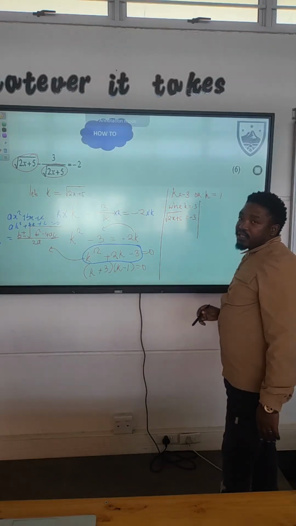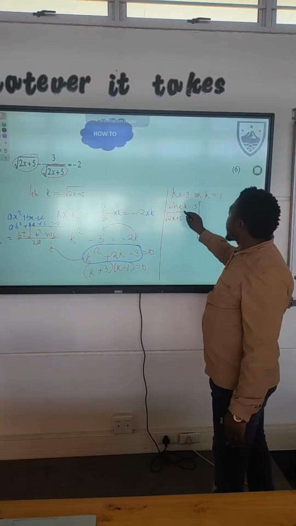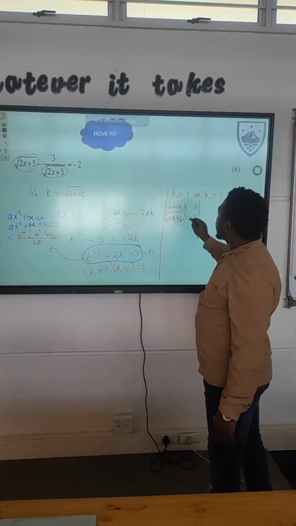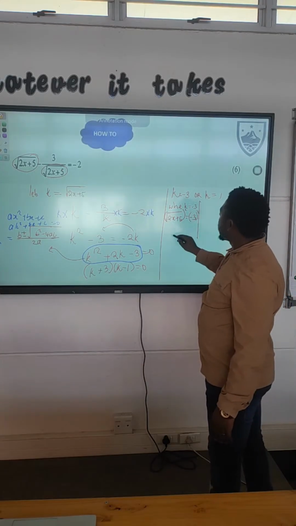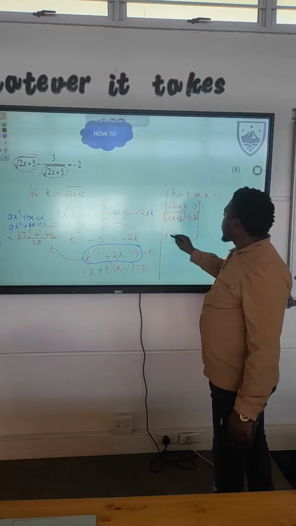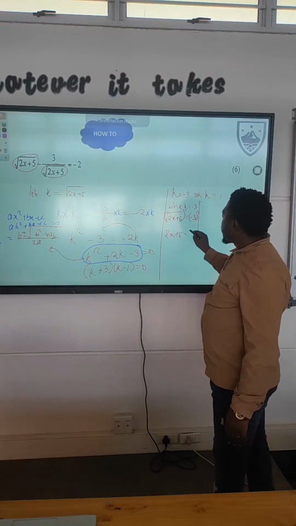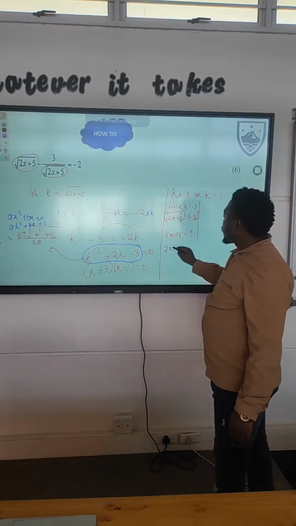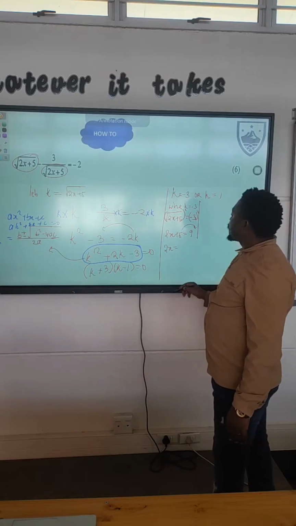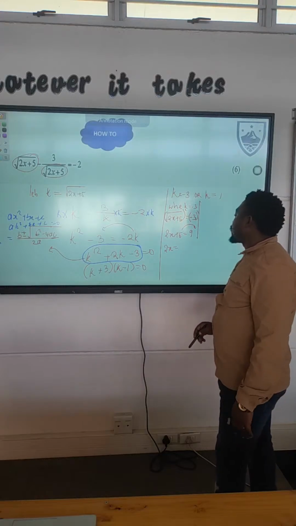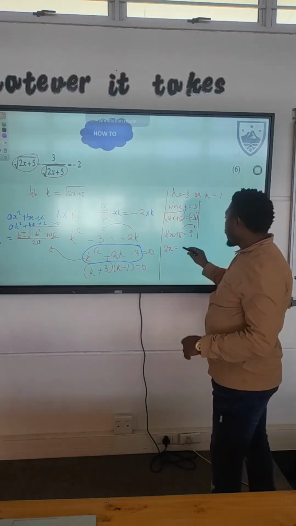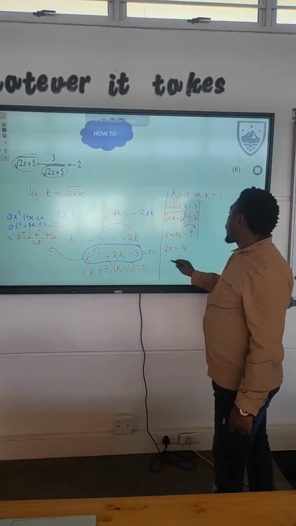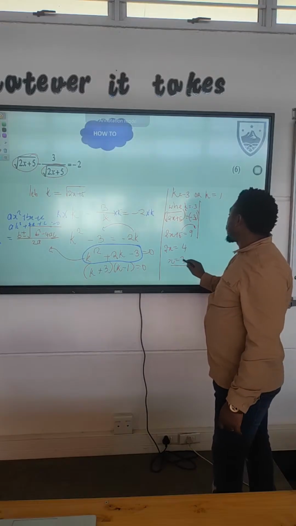We're going to square both sides. Then we have 2x plus 5 being equal to 9. Transpose this to the other side, we have 2x. If you put it this side, it's going to be a minus, so it's going to be 9 minus 5, which will be 4. So our x will simply be 2.